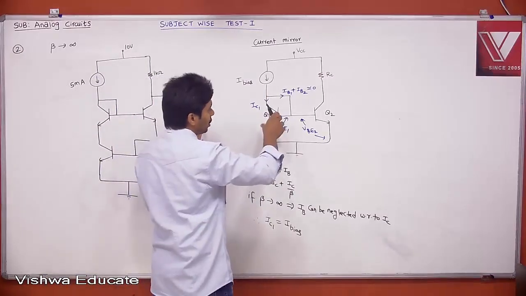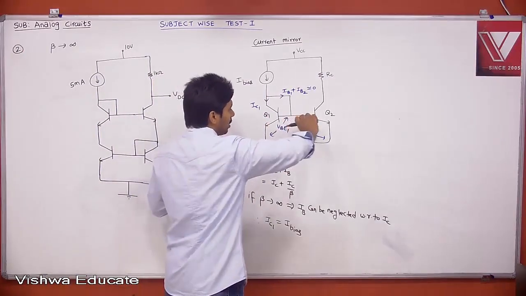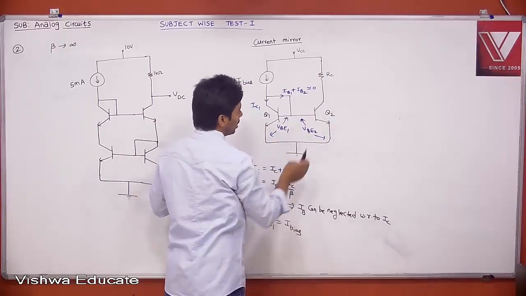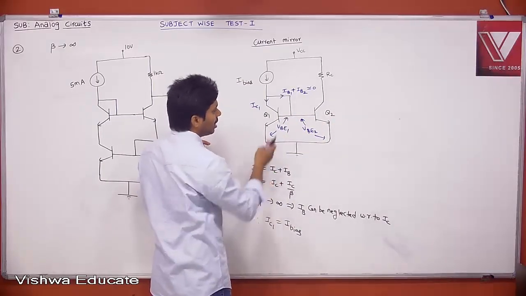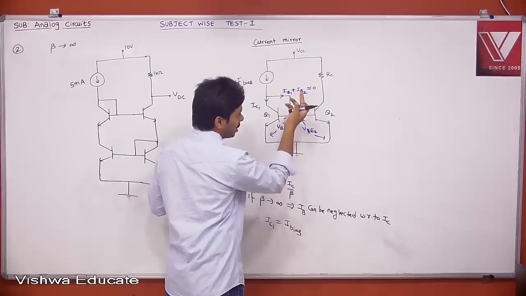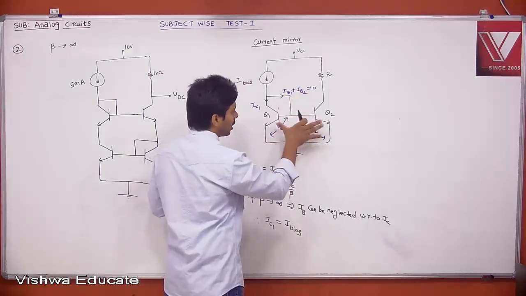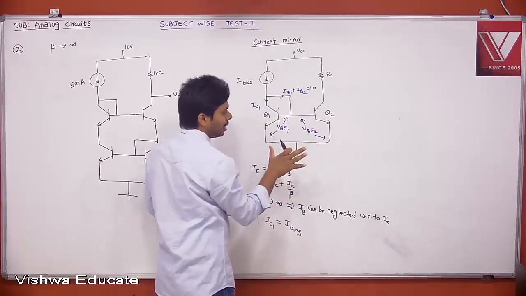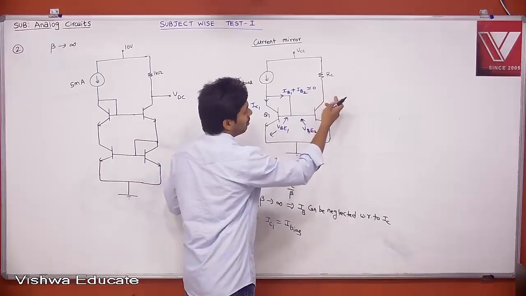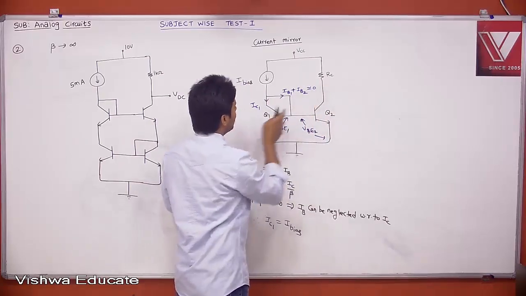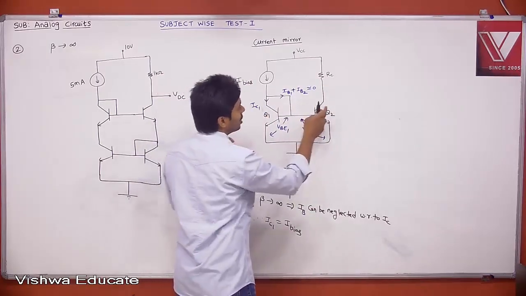We know that Q1 has VBE1, the same VBE is given to Q2, both are in active region, therefore surely IB1 is equal to IB2, both are identical because both have the same VBE, then both will have the same beta, then both will have the same collector current. What is IC1? I bias. What is IC2?